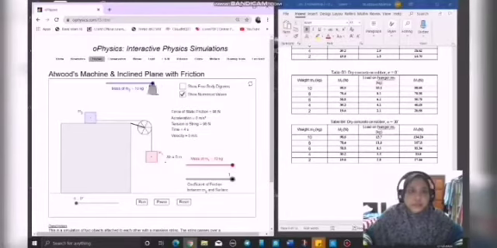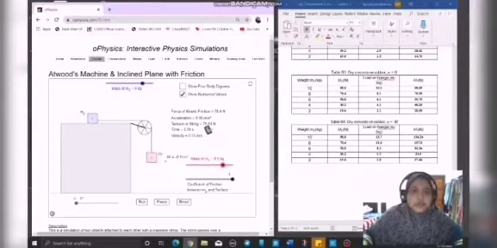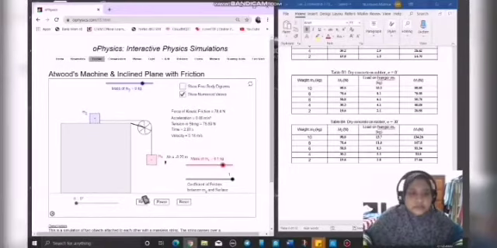Then put M2 at 8 kilogram, and then run, and we have to find the value of M1 and see the value at acceleration 0.06 meter per second squared and velocity keeps increasing.